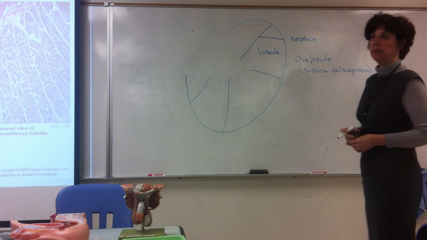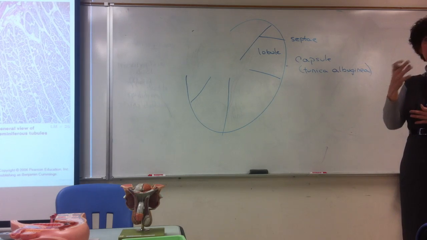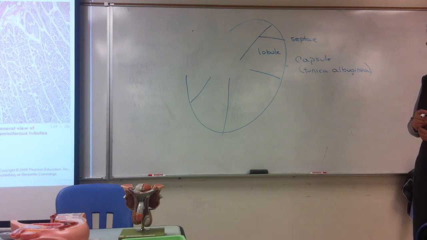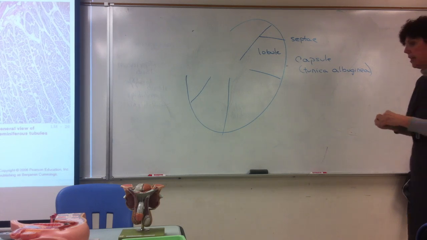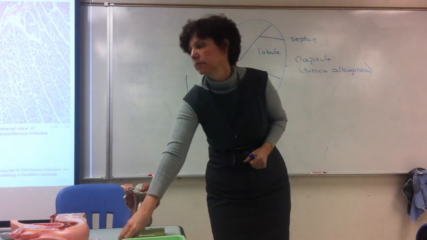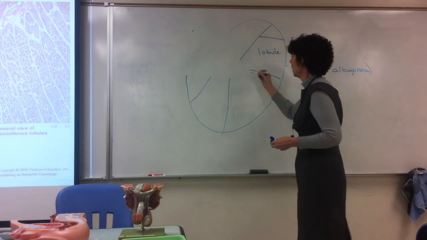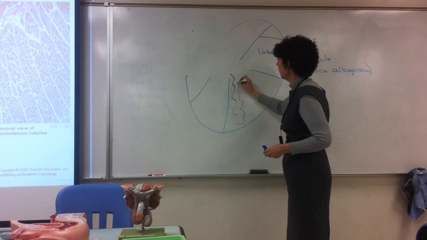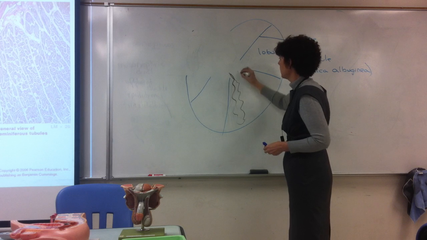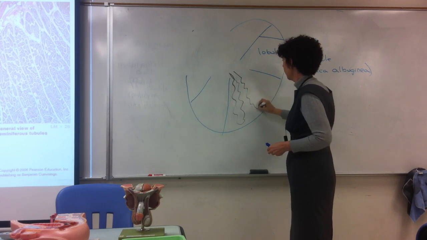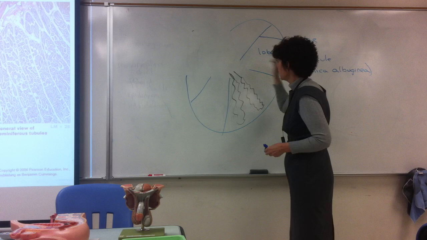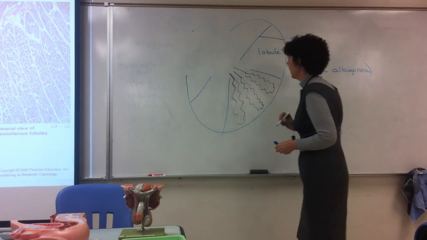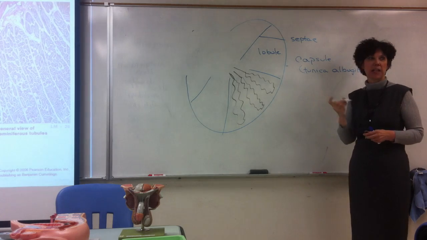Those are hollow channels lined with a simple columnar epithelium in this pattern. So we have a seminiferous tubule joining to form a straight tubule, and another seminiferous tubule with another one coming together to form a straight one, in that fashion, 16 to 20 of them.